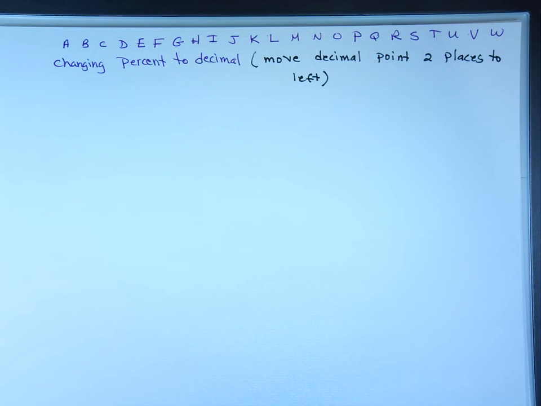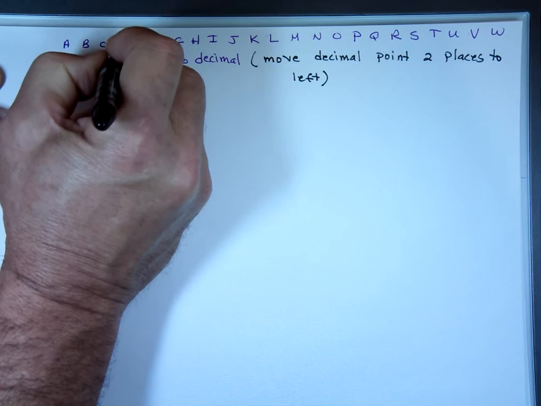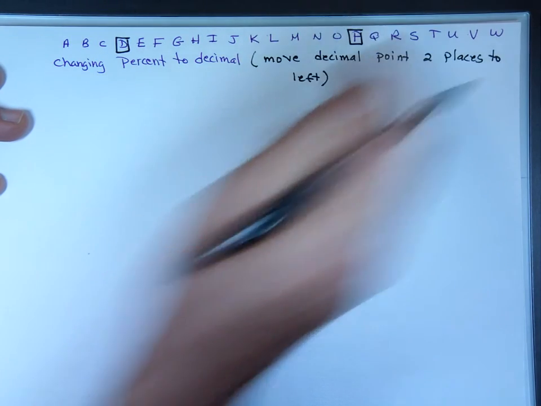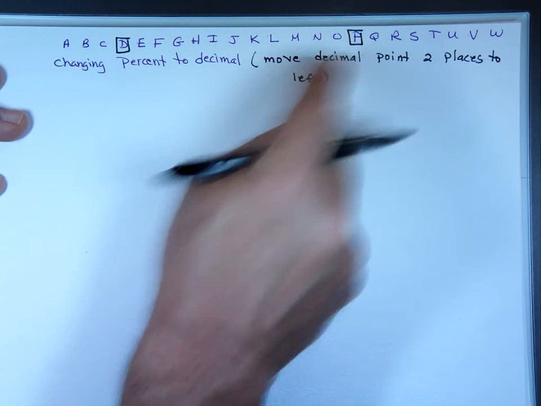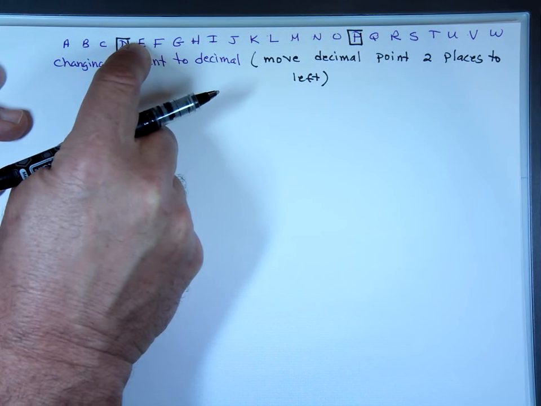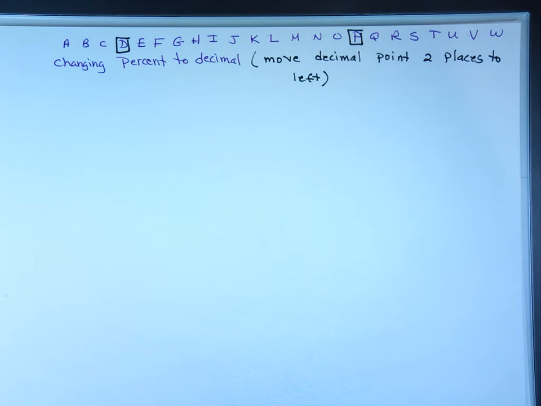I'm out of space. Decimal begins with what letter? D. Percent begins with what letter? P. Changing percent to decimal. You want to go from here, percent to decimal. Which way you have to go? To the left. So if you want to go from decimal to percent, which way do you go? To the right. That's the easiest way to remember.